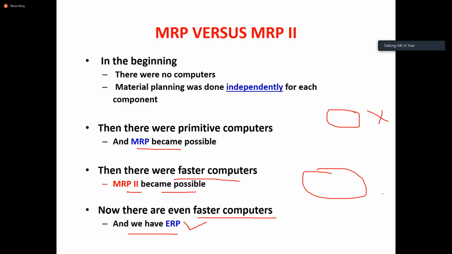When I'm doing some process in my company, suddenly a part is damaged. I'm telling how ERP works with complete automation, how these fast computers will work.